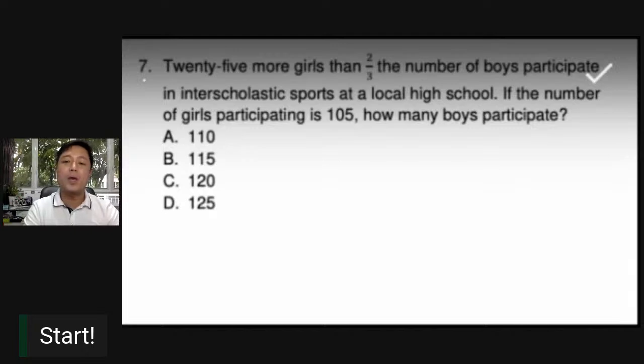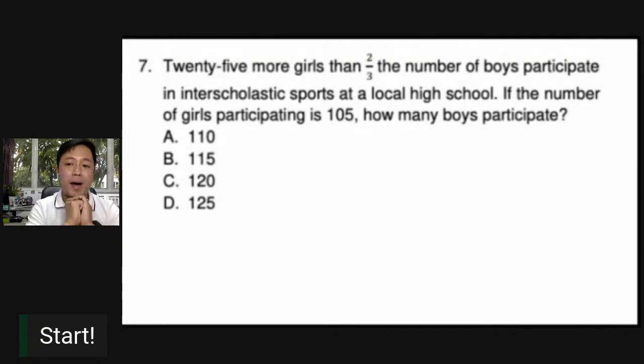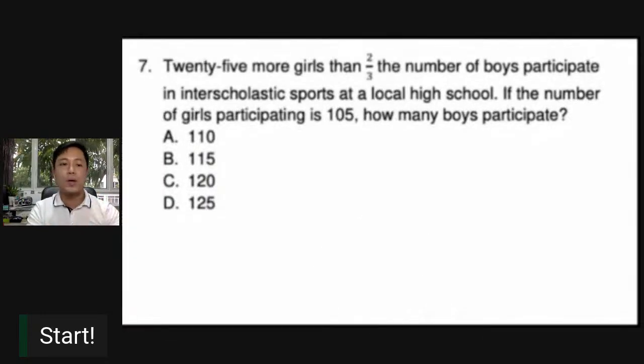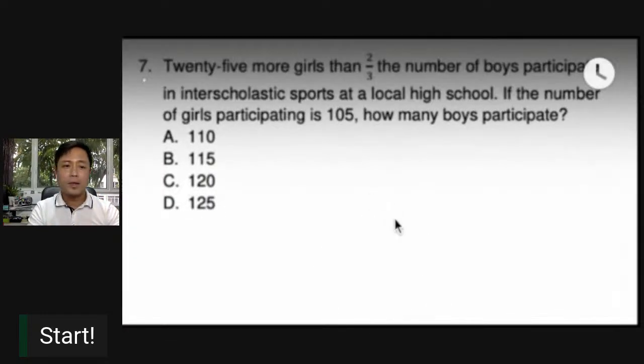So to set up the equation, it says 25 more girls than 2/3 the number of boys. So since it says 2/3 the number of boys, that means we need to multiply 2/3 by X. And then it says 25 more, so that means you need to add 25 to that, and the answer is equal to 105. The internet slows down, hold on.